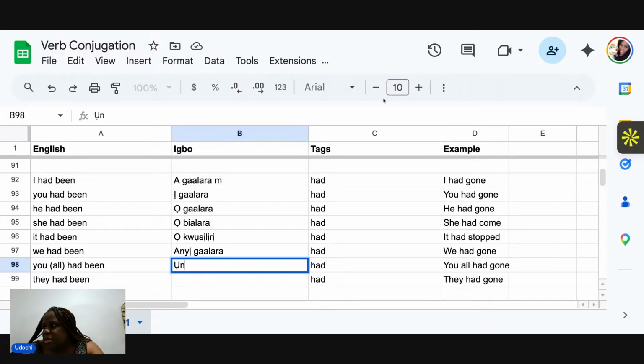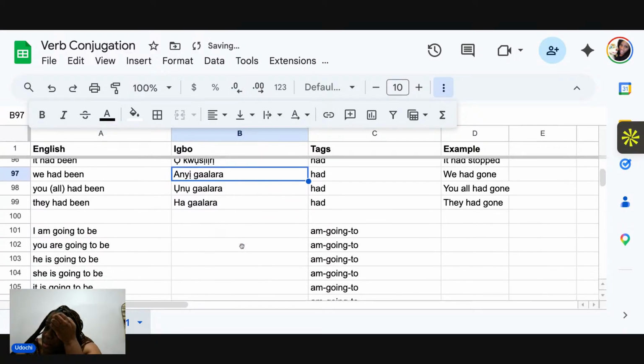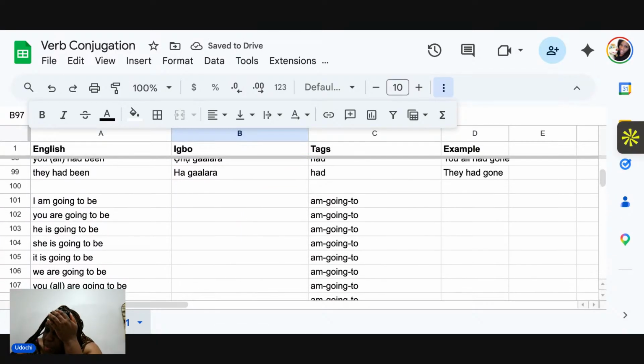It should not be underlined. I don't know why it's underlining now. Dude, I'm now getting confused.